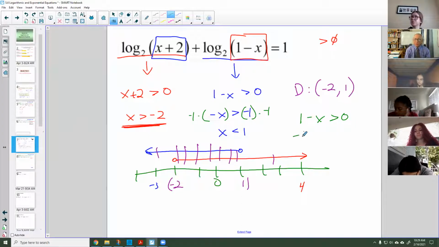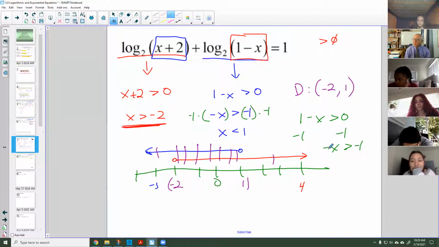I did subtract 1 to start with. And then I got -x greater than -1, but I want to find out what x is, not -x. So that's why I multiplied by -1 on both sides so that I could turn this into a positive. You got it? Okay, good. And if you multiply or divide by a negative, you always have to switch the sign, right? Yeah. Multiply or divide by a negative, you got to flip the inequality sign.